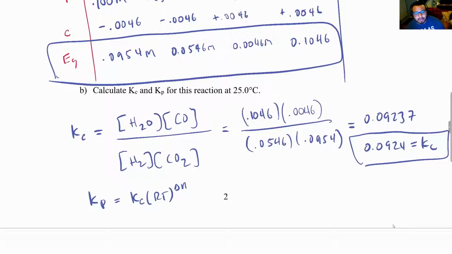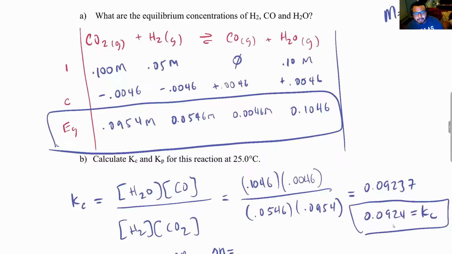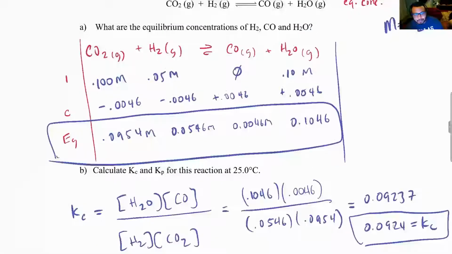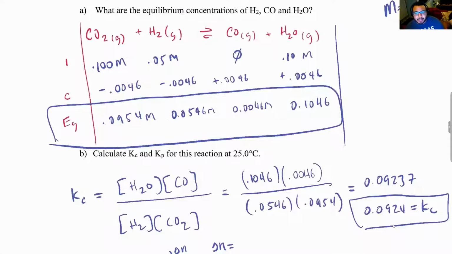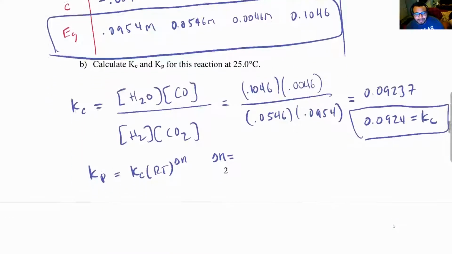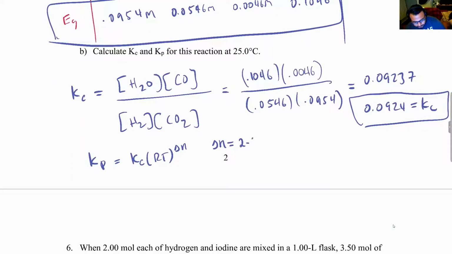And all we really need to know is what's our delta N value? Well, that's the moles in the final part of the reaction minus the initial part. So we have 2 moles of 1 and 1, so that's 2 moles in the final, and also 2 moles in the initial. So my delta N would be 2 minus 2, which is equal to 0.